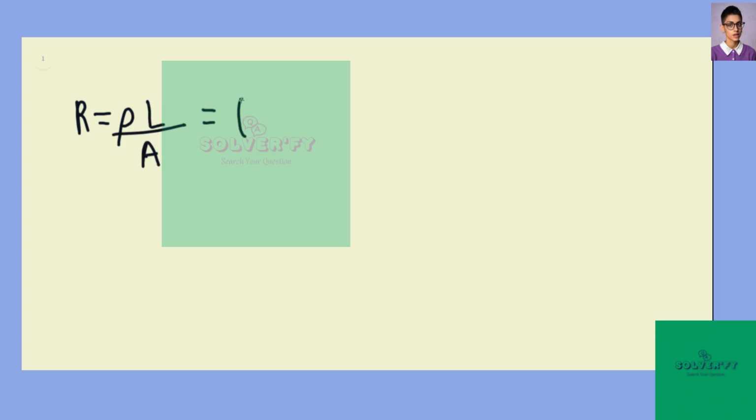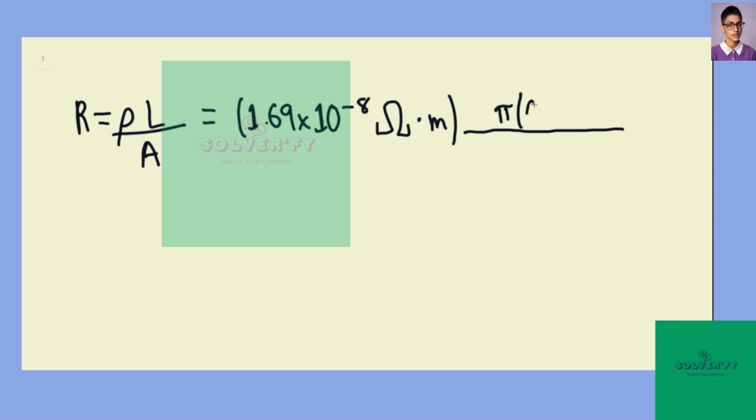So this would be equal to 1.69 times 10 to the -8th ohms meter, multiplied by pi times 0.10 meters, and then divided by pi times 2.5 times 10 to the -3rd meters quantity squared divided by 4.